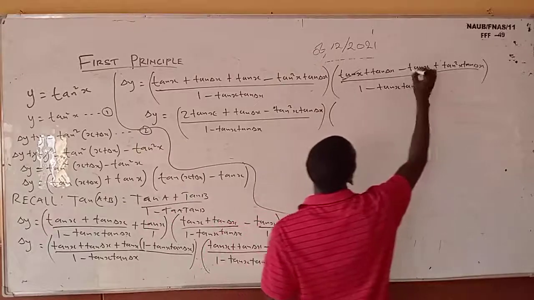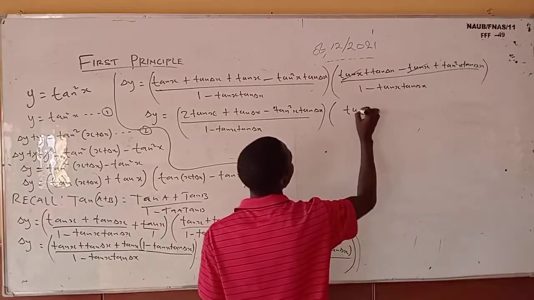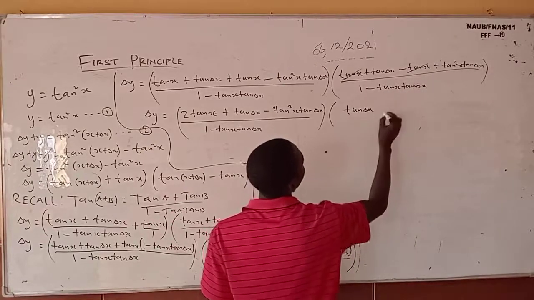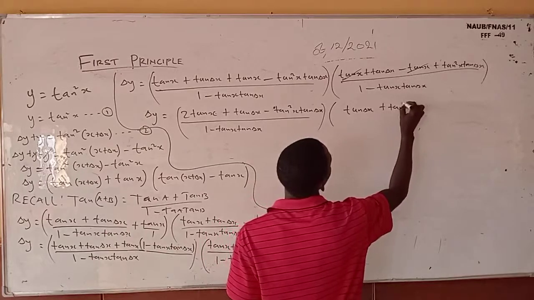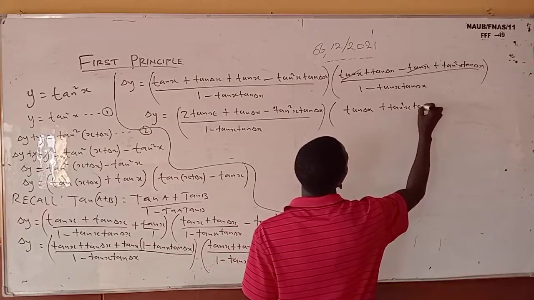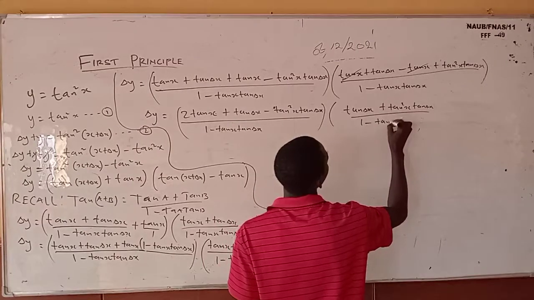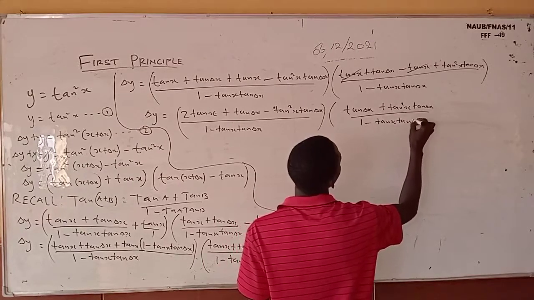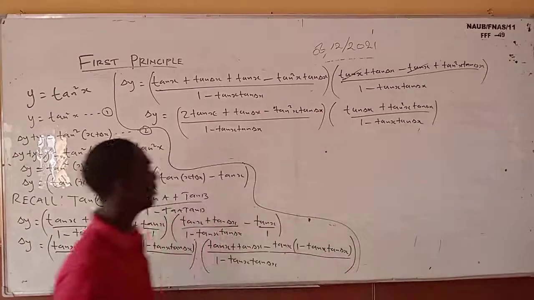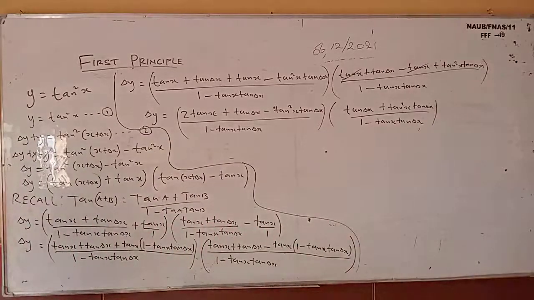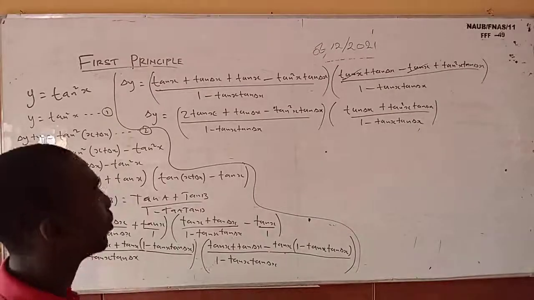You see this will cancel out this, then we'll be left with tan Δs plus tan² s tan Δs, all over 1 minus tan s tan Δs. You get that? So now what do you think we can do?